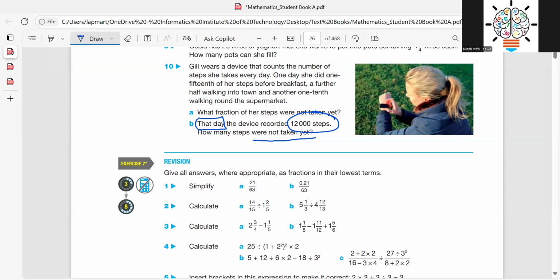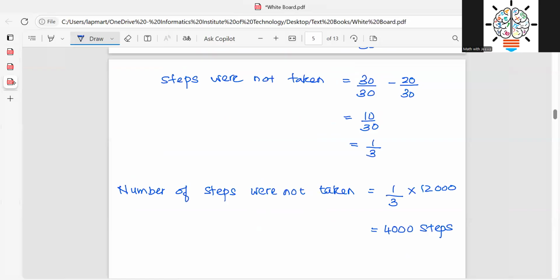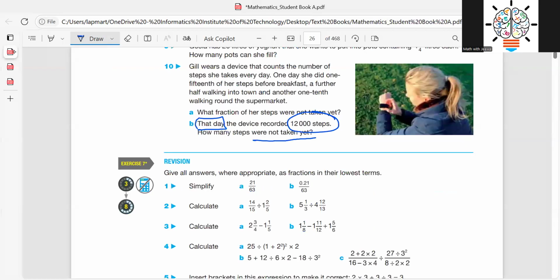And how many steps were not taken yet, in the sense of how many steps she has taken after the supermarket story. She went to the supermarket, she walked to the town, and she walked around in the supermarket. After that, until she completes her day, how many steps has she not taken? So that is 4,000 steps she has not taken. These many steps were not taken, right?